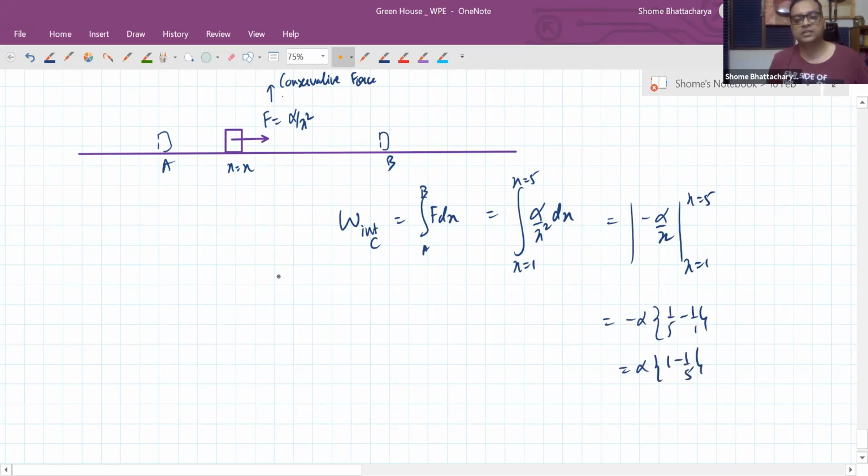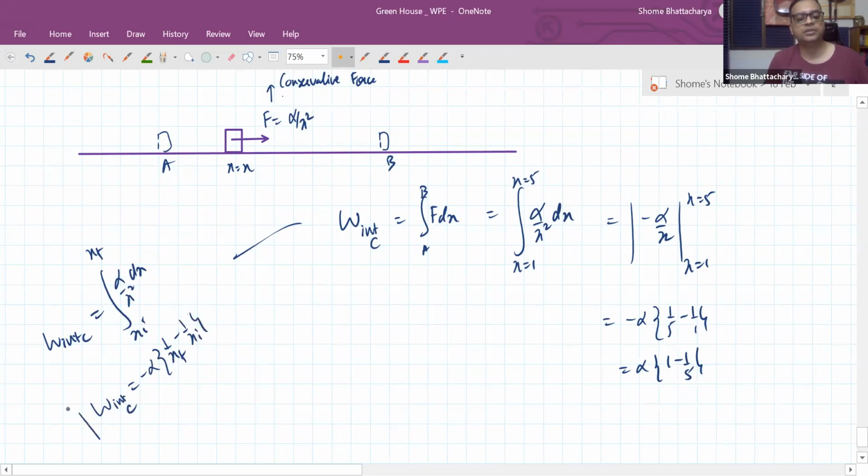Or in general, the work done by the internal conservative force from some initial to some final position is minus alpha times 1 upon x final minus 1 upon x initial. This is the general expression for which I have substituted 1 and 5.